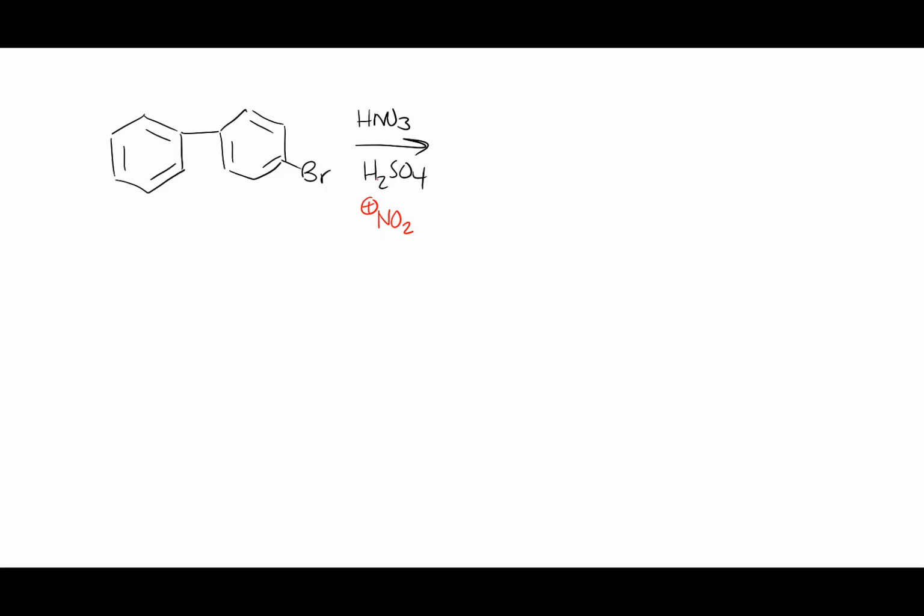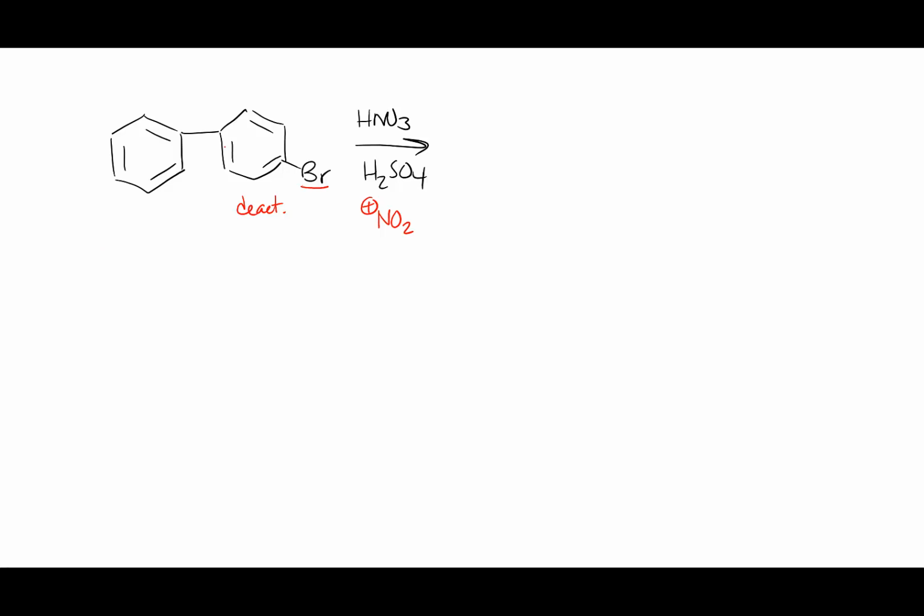If you said the left ring, you're correct. Why? Because both of these rings have another ring attached to them. But the bromine being on the right-hand ring means that it's going to be a little bit deactivated. So that means that the benzene ring on the left is the one that's going to get the NO2.